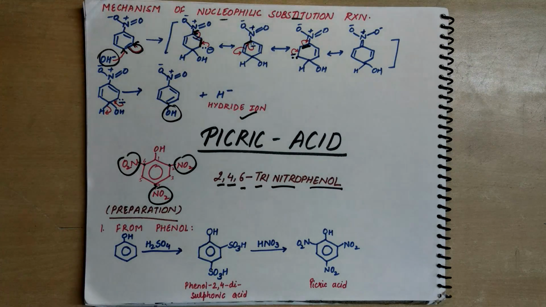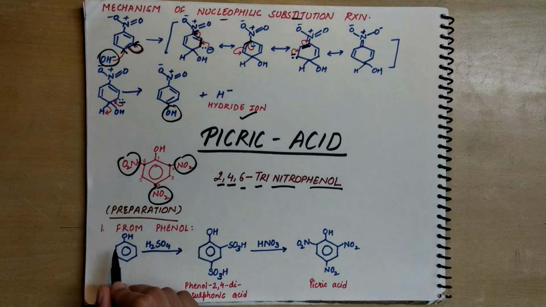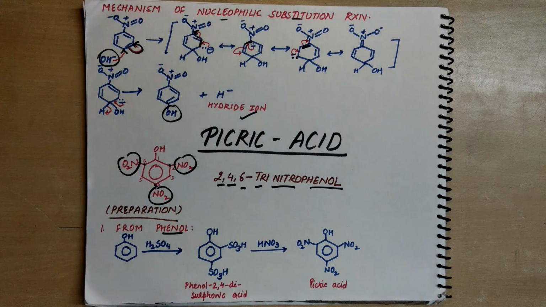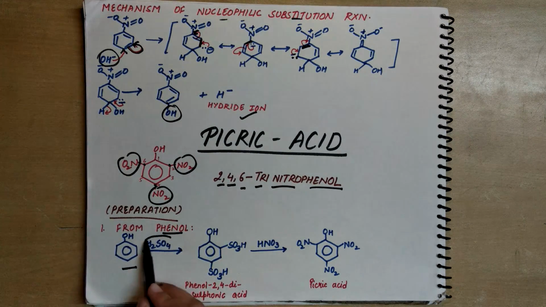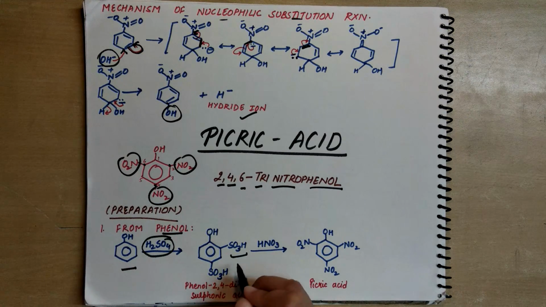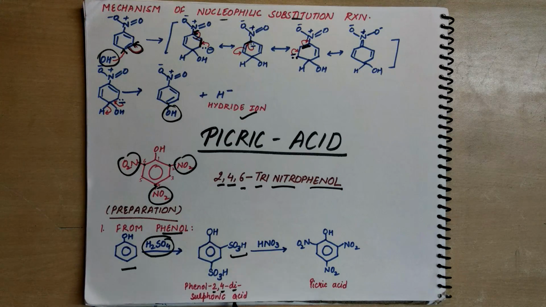The preparation is done firstly using phenol. Let's do its preparation by the first method using phenol. This is the phenol. When sulfuric acid is added to phenol, we know that the SO3H group is attached. In this case, phenol-2,4-disulfonic acid is produced.